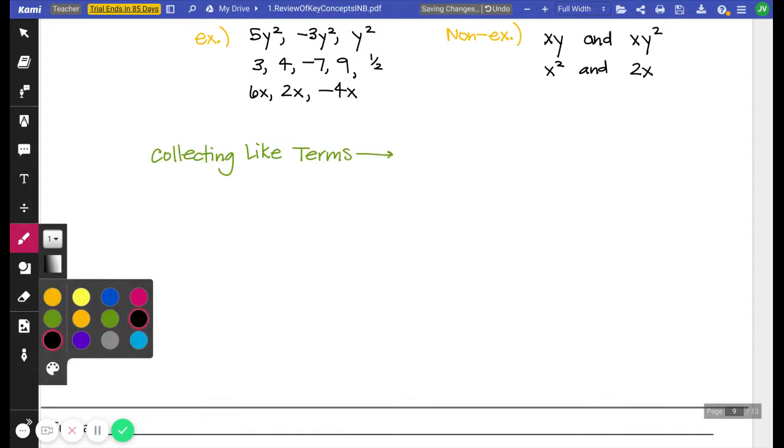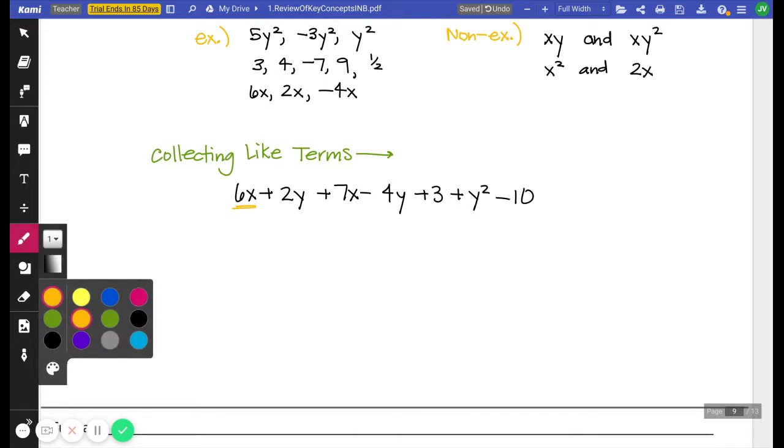And this is what you were practicing in Delta Math. Giant expression, algebraic expression uses variables and numbers and pluses and minuses. Here's what we're going to do. 6x.